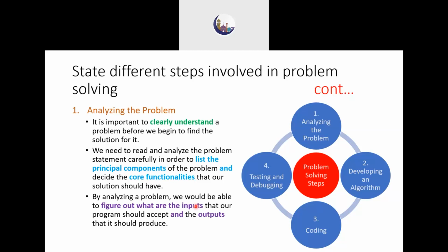And once all these things, inputs, are available, with your mind as the processor, you'll try to write that particular answer script. And after that, that paper will be evaluated and the final output will come as the result. So by analyzing a problem, we would be able to figure out what are the inputs that our programs should accept and the outputs that it should produce.